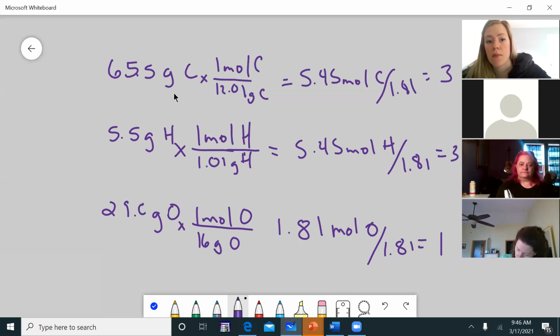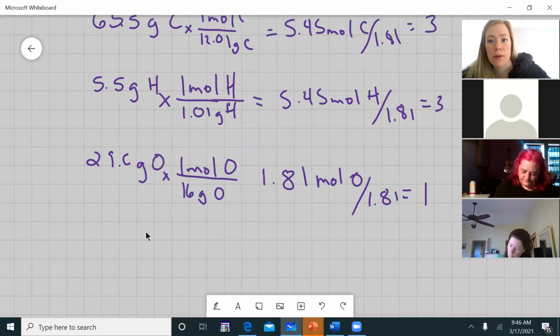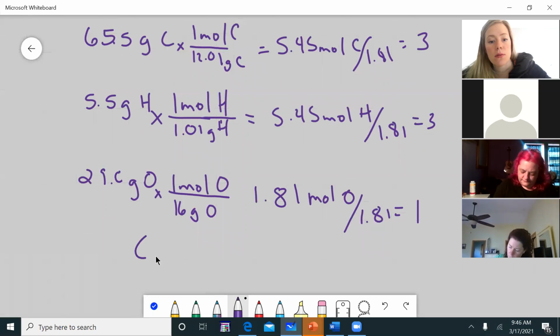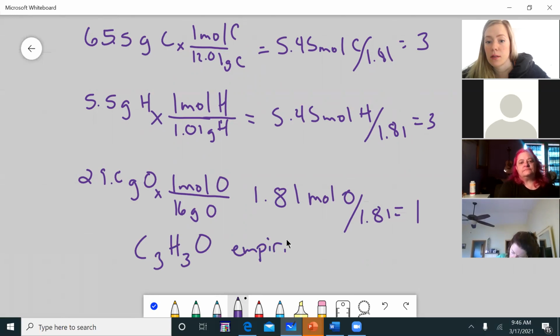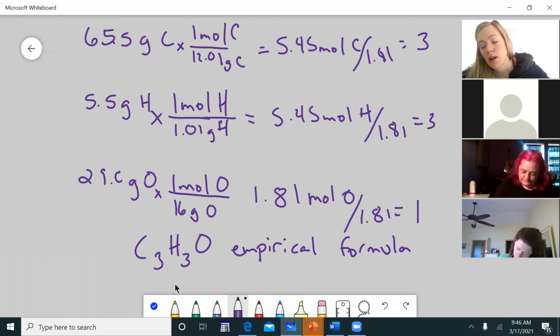So our formula, just go in order that they list them. So we'll do carbon first. So C3H3O. This is the empirical formula, right? Lowest ratio.